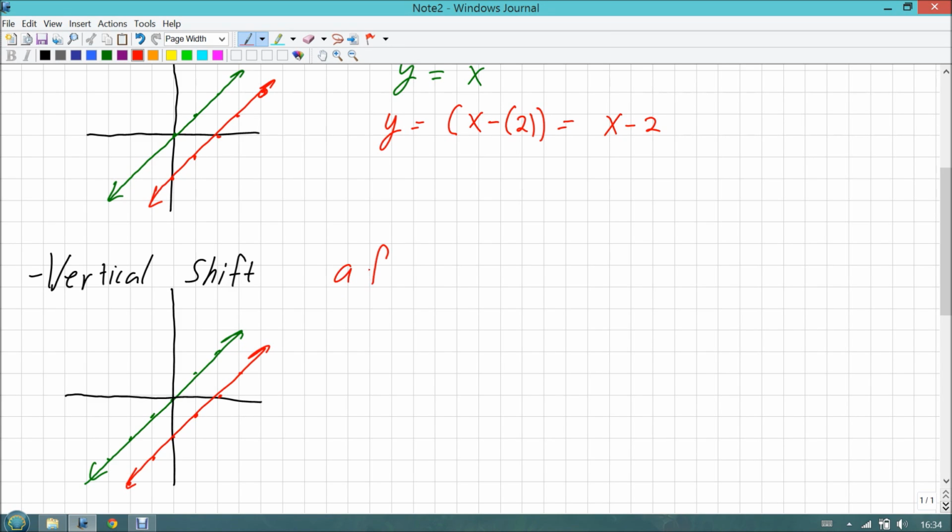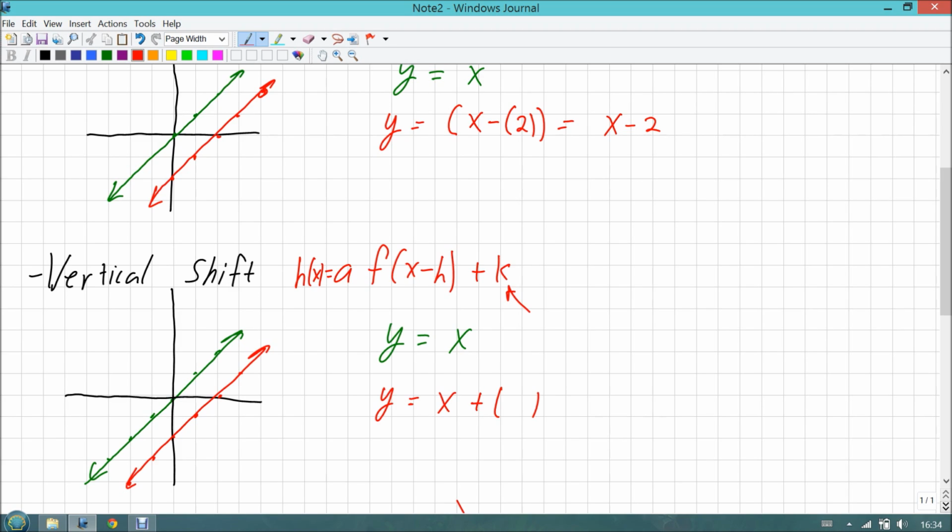Now, again, if we're looking at our general equation for changes, this would be controlled by the plus k portion on the outside. So if my original is y equals x, then I would have a new one of y equals x, and then on the outside a plus, and then the direction that we're going.